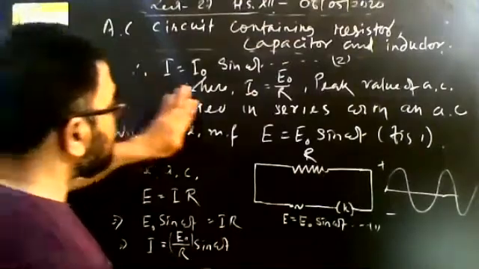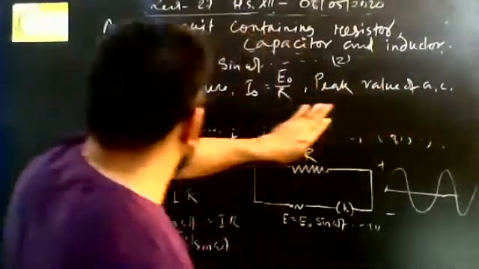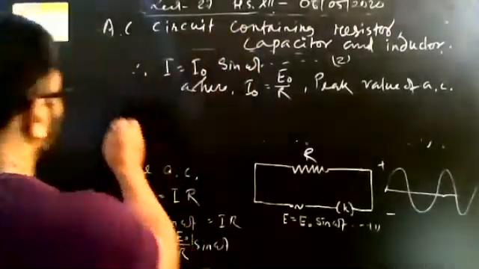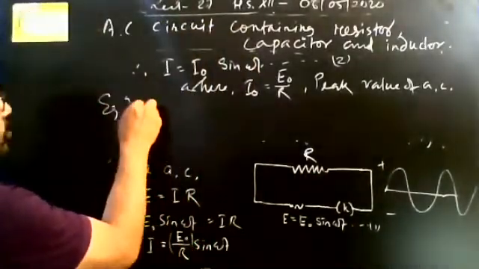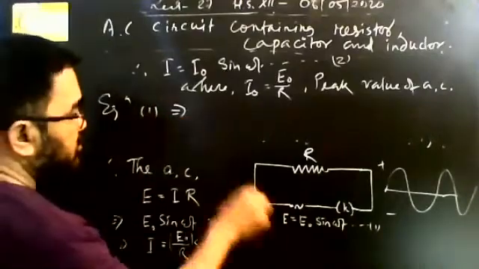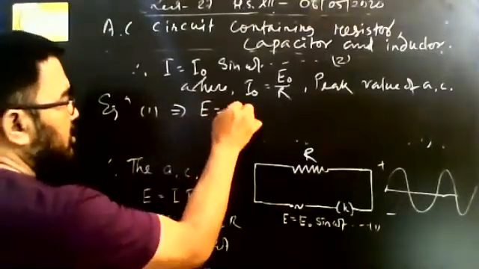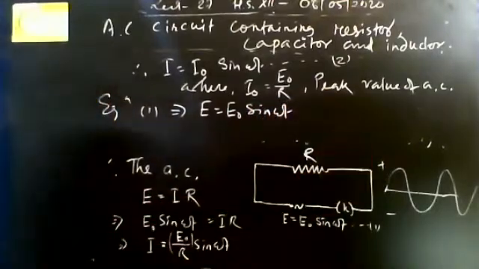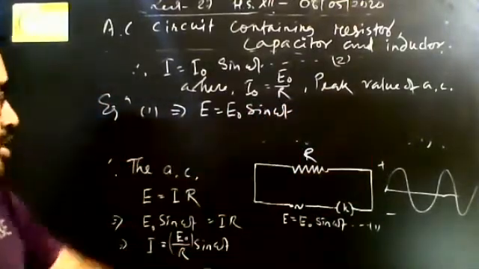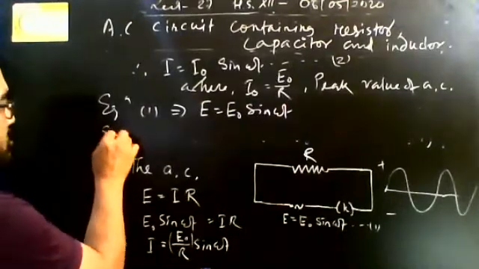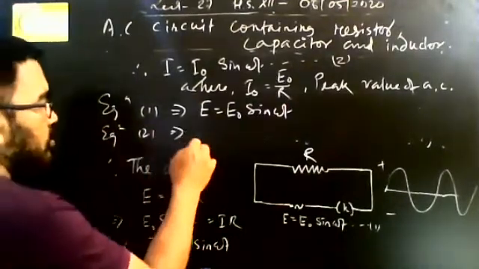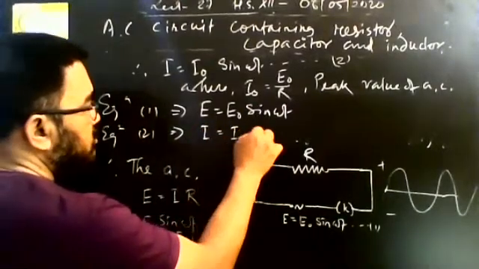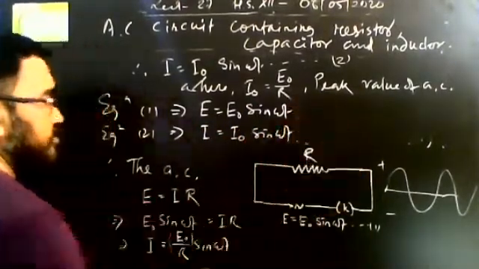Now, equation 1: E is equal to E naught sine omega t. Right? Equation 2: I is equal to I naught sine omega t.